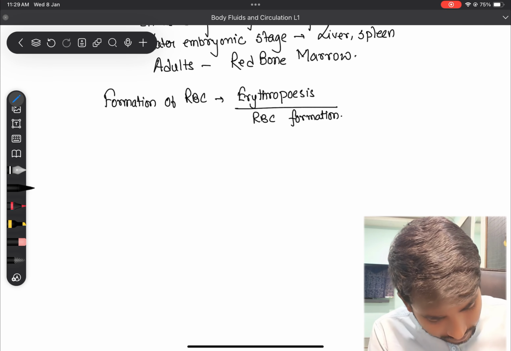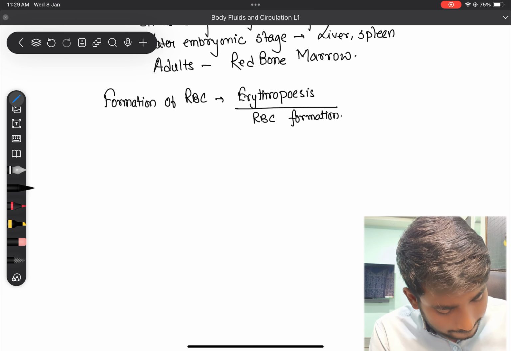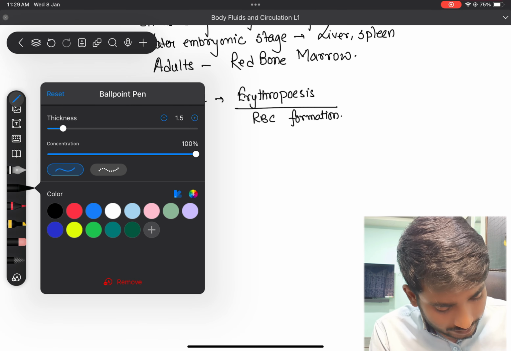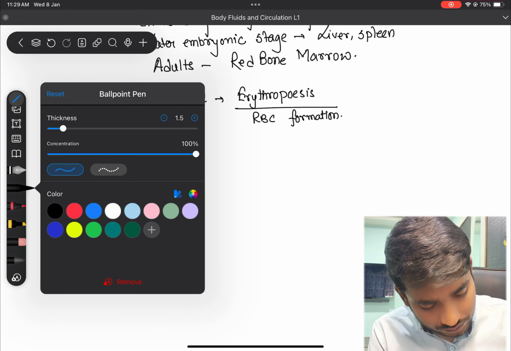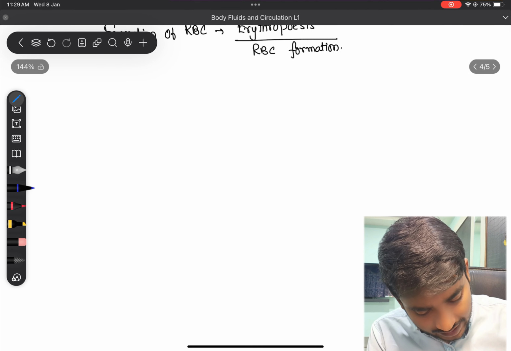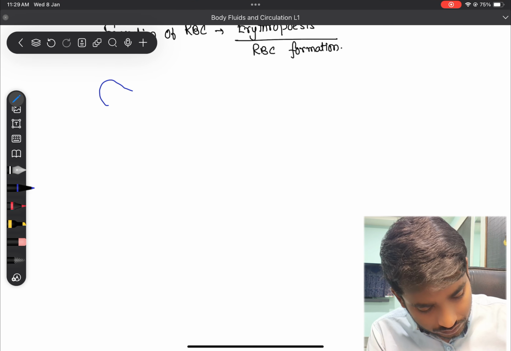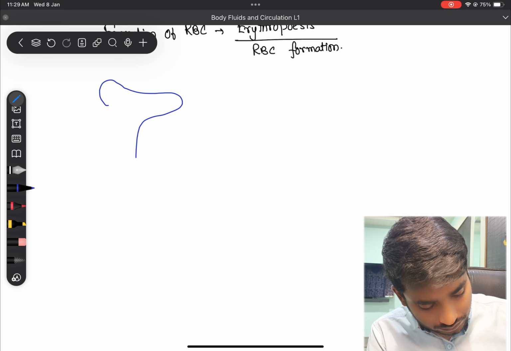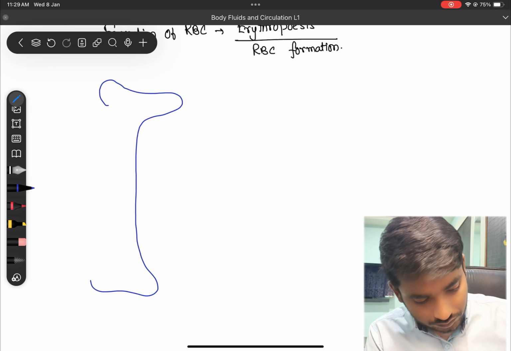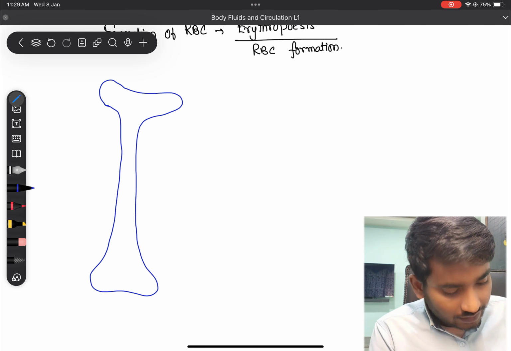Now I'm drawing a long bone. Let it be a femur.